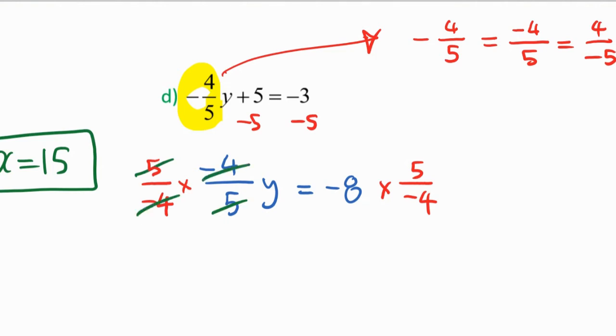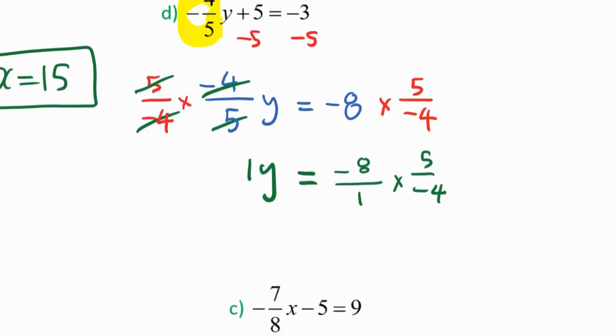When you multiply reciprocal, it becomes 1. So I have 1y. And here, -8 times 5 over -4. So -8 is -8 over 1 times 5 over -4. Right?